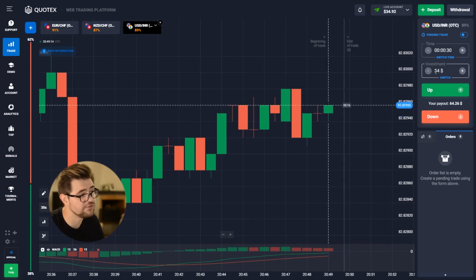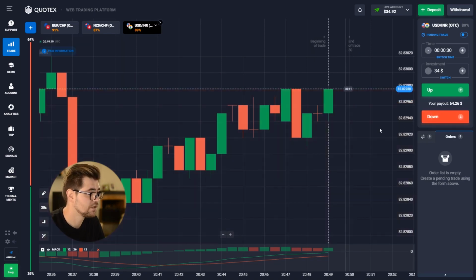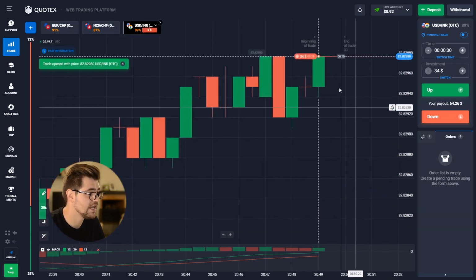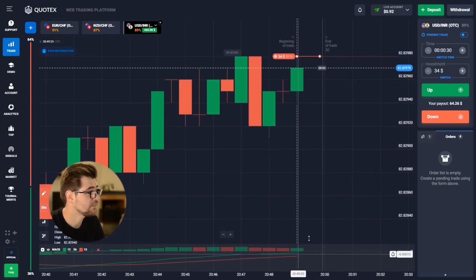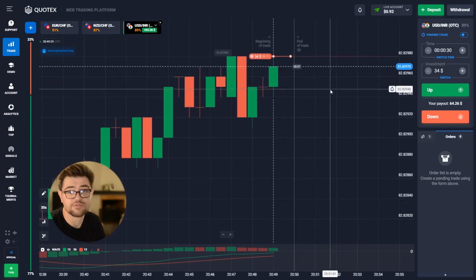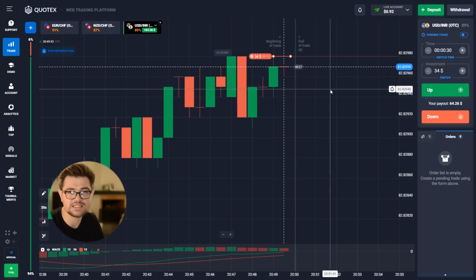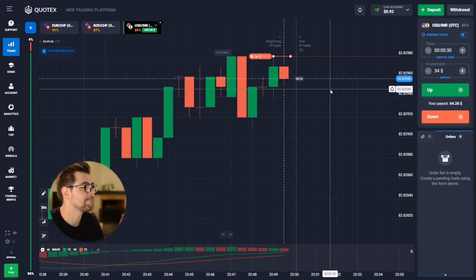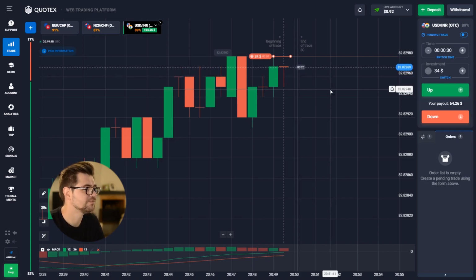So we're gonna go with $34 now, okay, with another put option here, for 30 seconds as well. So this tactic is a bit more hasty, a bit more risky, and you would need proper intuition for this.